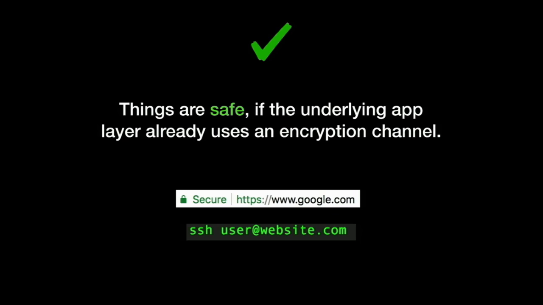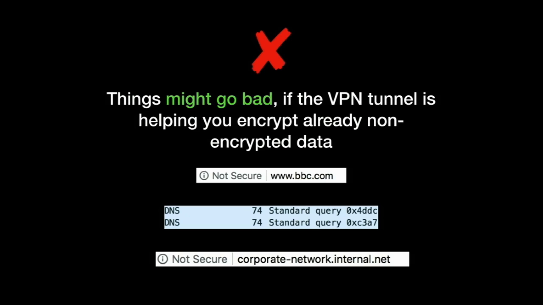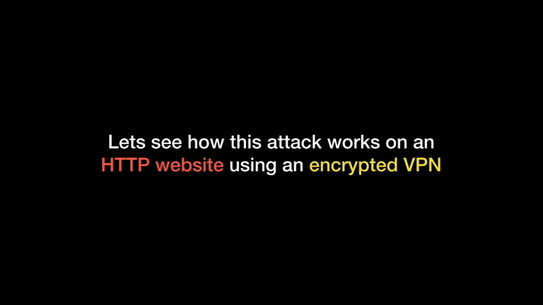So everything that's TLS or encrypted is already safe, and that also includes SSH. However, things are different for insecure protocols. HTTP, DNS, usual corporate stuff behind a VPN, all these can be attacked. So in this talk, I'm going to specifically look into how we can leak secrets from an HTTP website through a VPN tunnel, all right?